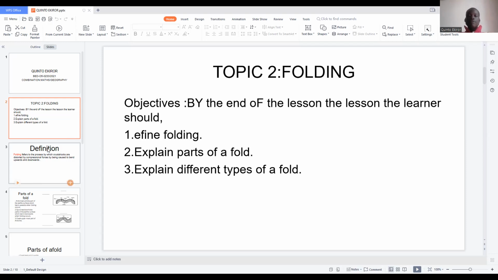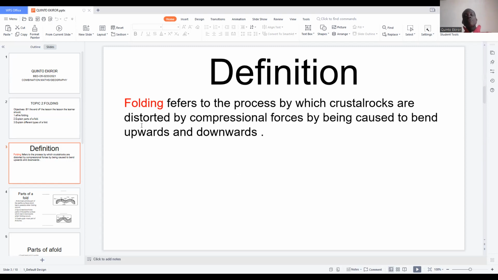Let's now start with the definition. Folding refers to the process by which crustal rocks are distorted by compressional forces by being caused to bend upwards and downwards.